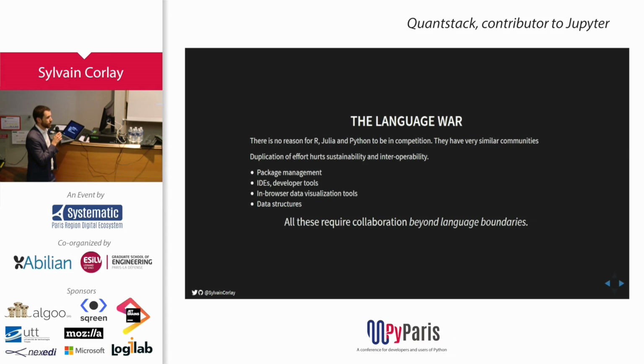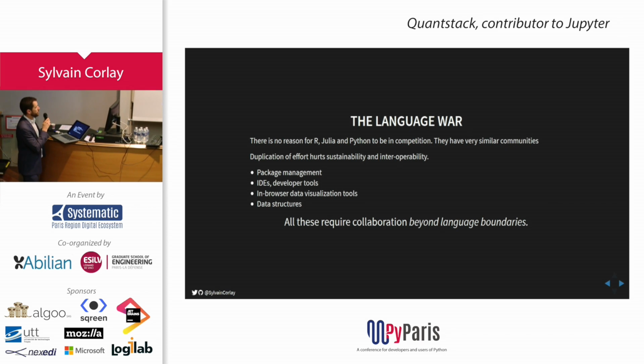So for example, there is nothing about R that makes it a better system to do a package manager, an IDE, or in-browser data visualization tools. And that's why maybe the R and Python and Julia community should work together on such items that are common to and are problems for everyone and can be solved only once. So we need to collaborate beyond language boundaries.